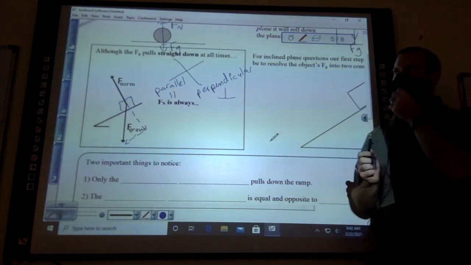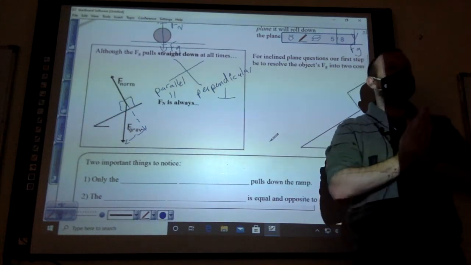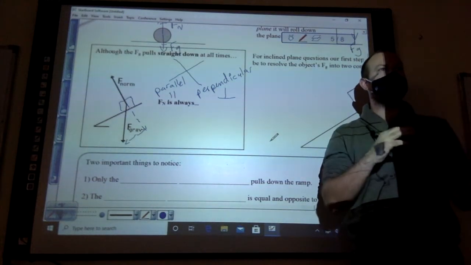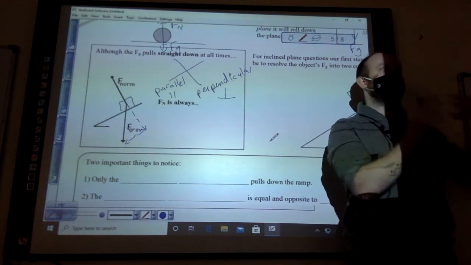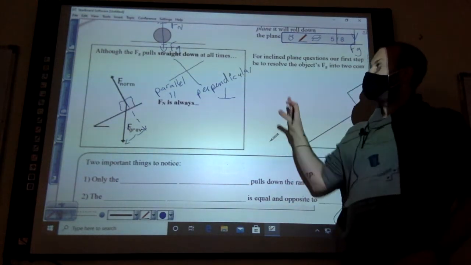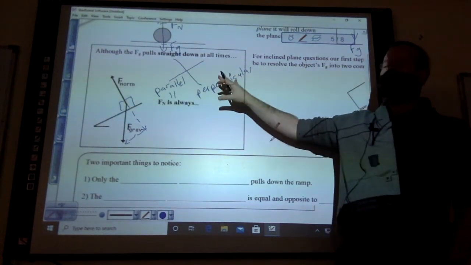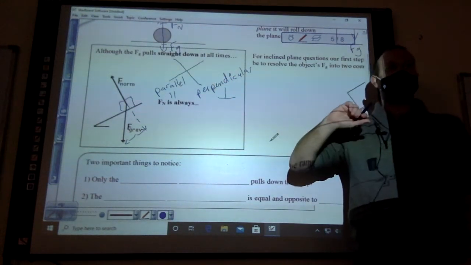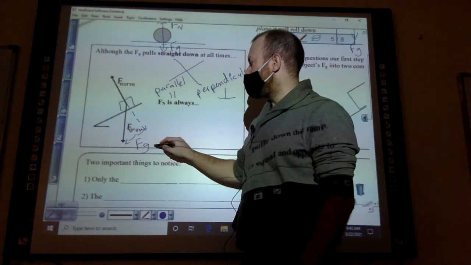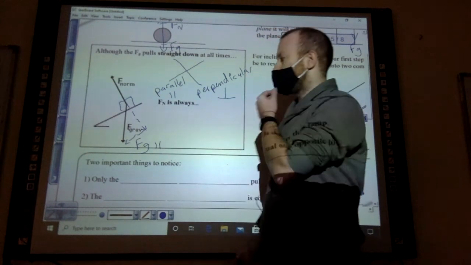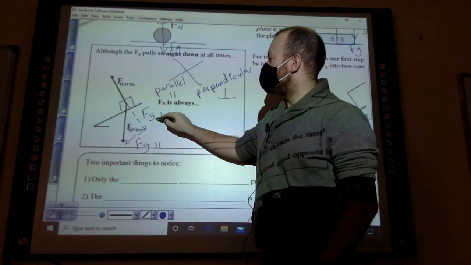Just like when we dealt with kinematics, we always broke up every single vector that's a combination of x and y. We had to split it up into the x component and the y component. Now with inclines, we're going to have to split up everything into a parallel component and a perpendicular component. So this would be FG parallel, and this is going to be FG perpendicular.